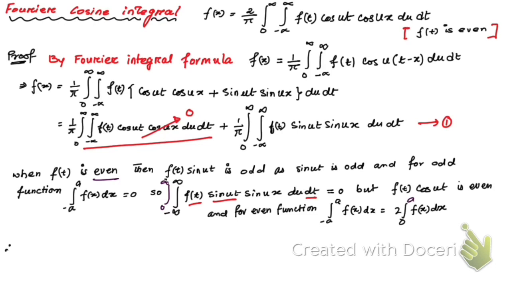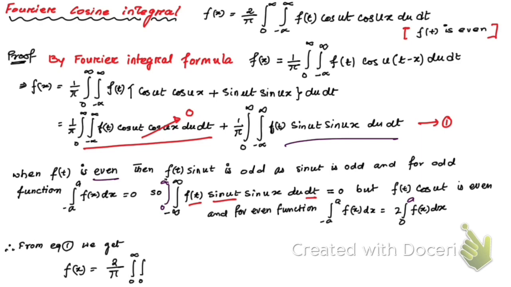So if we apply that here, then this equation number 1 becomes this. So we're going to get this. This is the cos integral transform, right? Hence proved. So hope you have understood this.